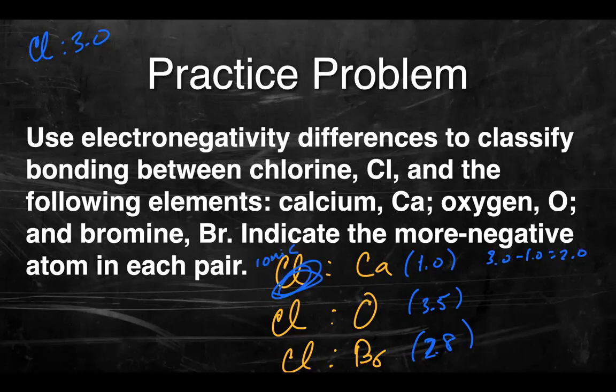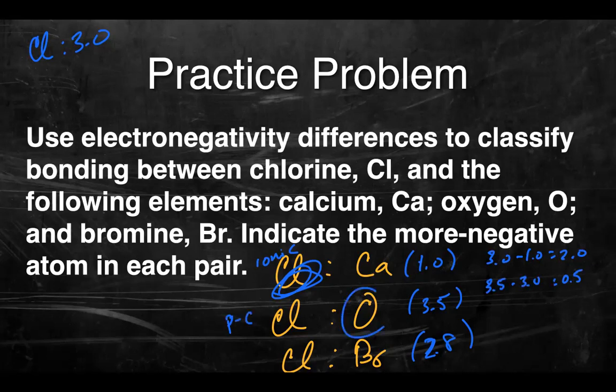Then you go to the next one, chlorine versus oxygen. Oxygen actually has a higher EN than chlorine. It's 3.5 instead of 3. That's an EN difference of 0.5, which puts you in the polar covalent. I'll just call it P-C.